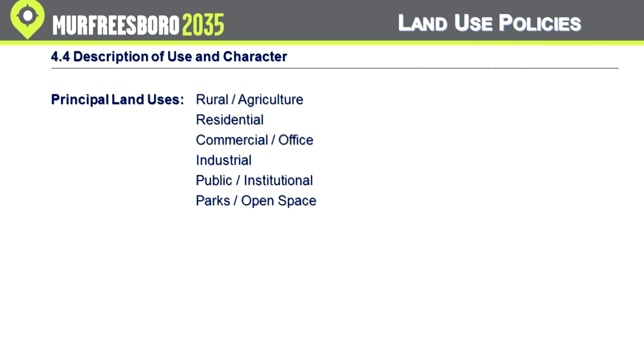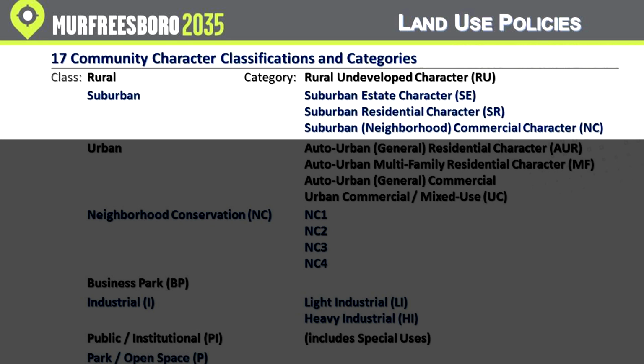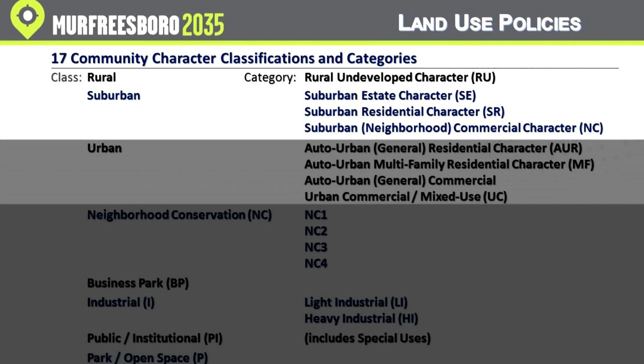The principal land uses, if you will, are rural, agricultural, residential, commercial, office, industrial, public institutional, and then parks and open space. So essentially, when it comes to a rural land use classification, we have a rural undeveloped character. When it comes to the suburban classification, we have suburban estate, suburban residential, and a suburban or neighborhood commercial character as well.